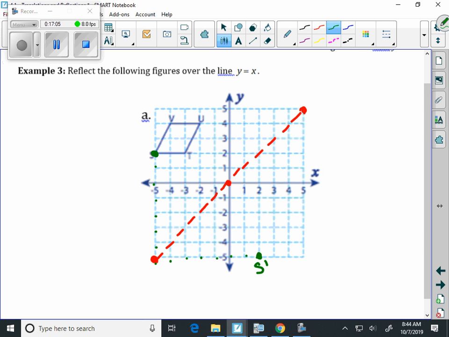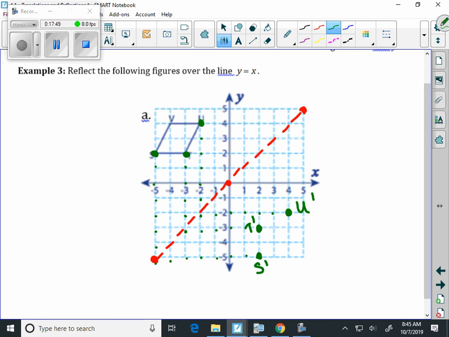We're going to do that with T. Count down 1, 2, 3, 4, 5 spaces to get to our red line. To get on the other side, we go 1, 2, 3, 4, 5. Here's our new T. If we look at U, it's 1, 2, 3, 4, 5, 6, and then 6 on the other side.